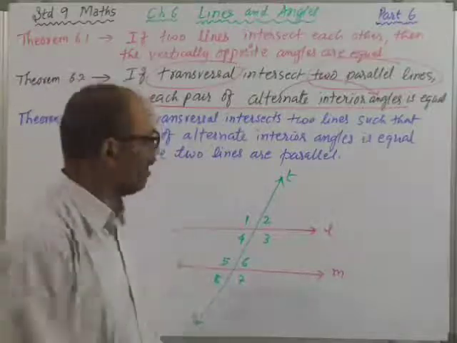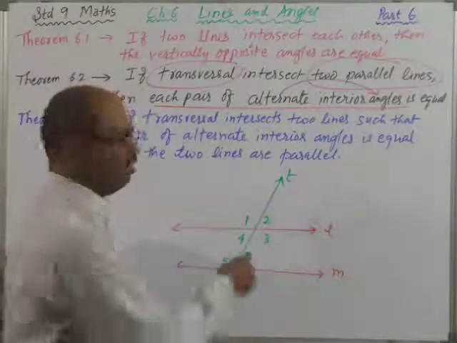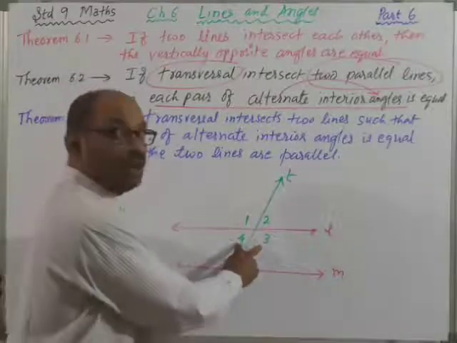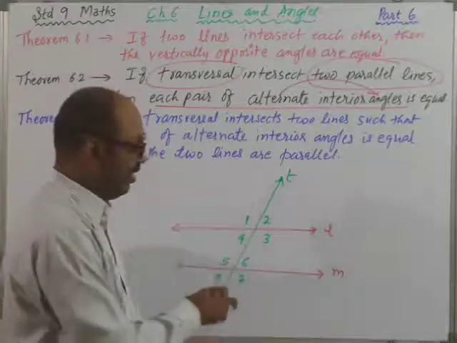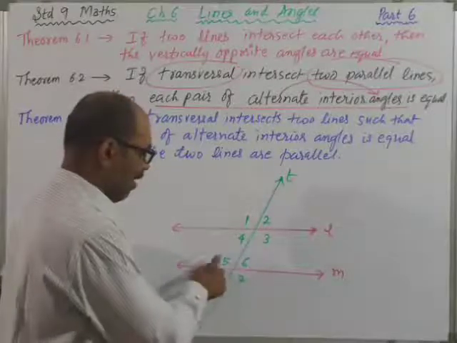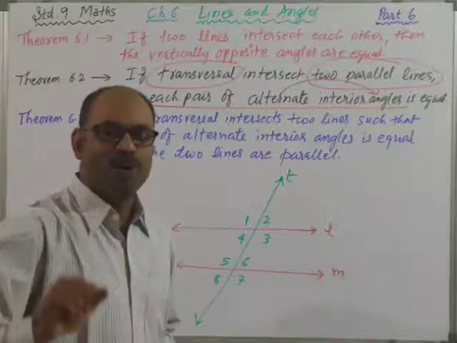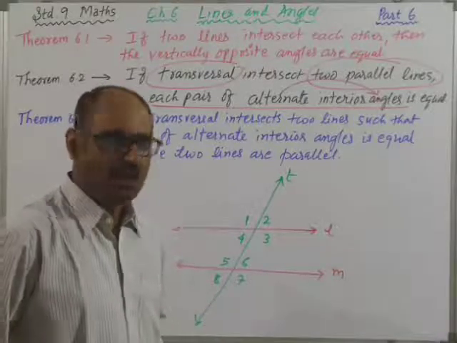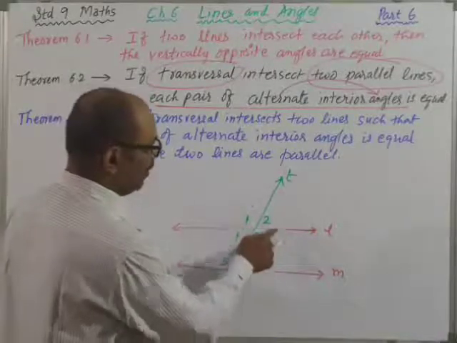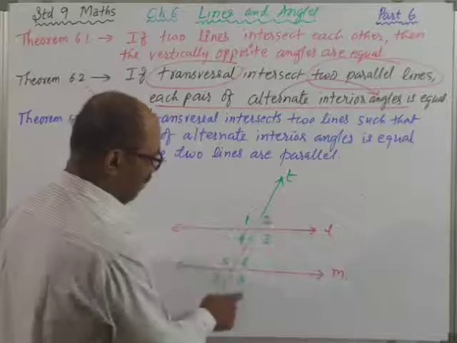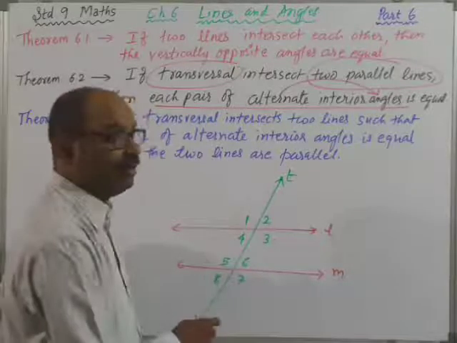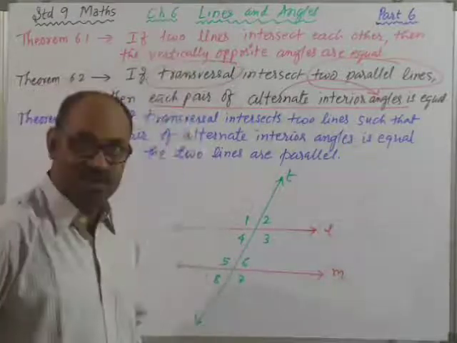There are many pairs of angles: 1 and 2 linear, 2 and 3 linear, 3 and 4 linear, 1 and 4 linear, 5, 6, 6, 7, 7, 8, 8, 5. And linear pairs are always supplementary. Total measure is 180. Vertically opposite: 1 and 3, 2 and 4, 5 and 7, 6 and 8. By theorem 1, they are equal.